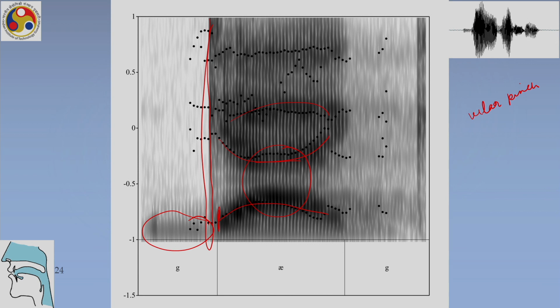Again, if we recall what we saw till now with regard to F2, F3 for these three consonants, one bilabial, one coronal and one velar, the F2 F3 transitions can be very different.